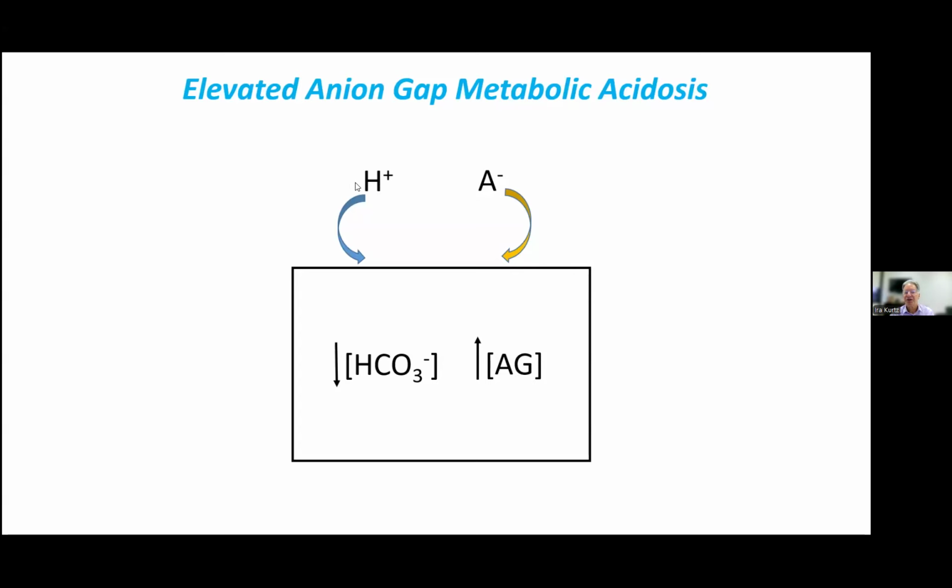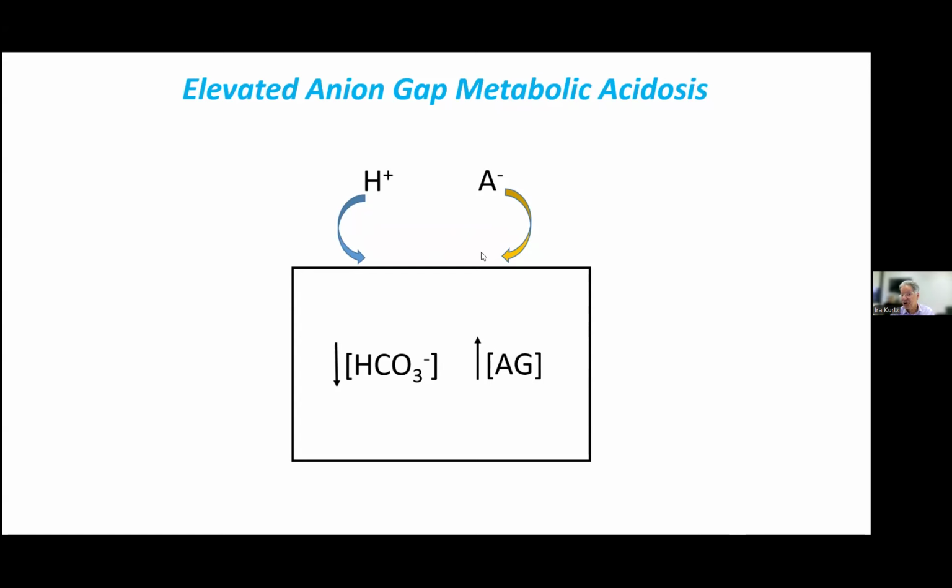It's coming with a proton. It's the proton doing it. If the lactate, when we got an MI or hypoperfused our tissues, came into the blood with sodium, then the anion gap would go up, but you would not develop a drop in your blood bicarbonate concentration. It's just that whenever you create these organic anions physiologically, they always come in with a proton.